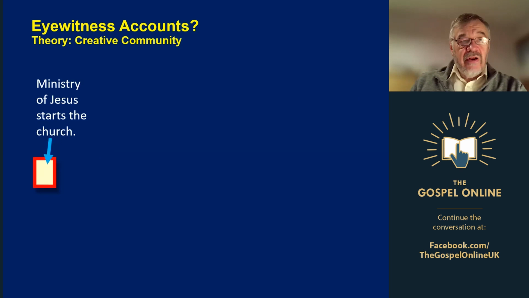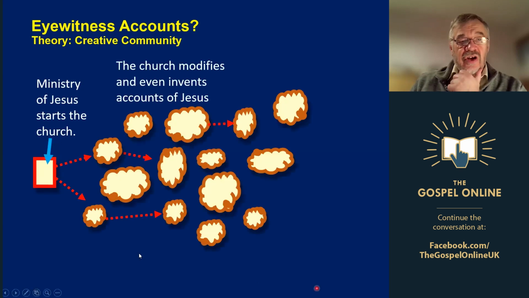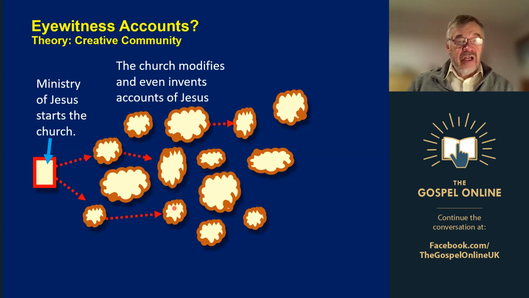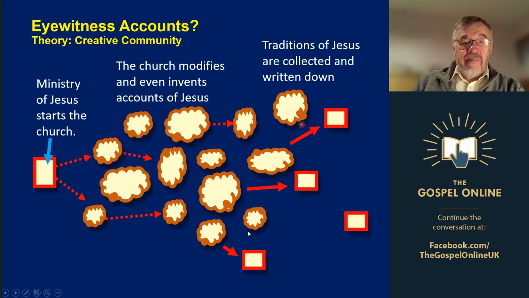Creative community theory, well, you've got Jesus starts the church off, and that's more or less all he does. One or two of the accounts of what Jesus said and did were carried on orally, and they're passed on to other people, and then other people would take those stories and they would not quite remember them correctly, or they would want to add a bit, or they would want to change it a little bit to fit their own circumstances, and gradually those accounts would be changed until in the end different people collect them.